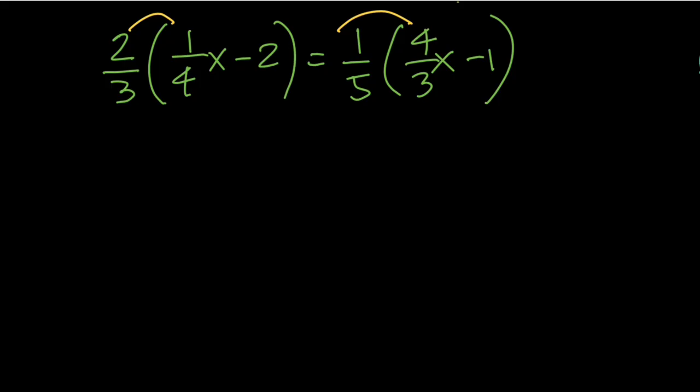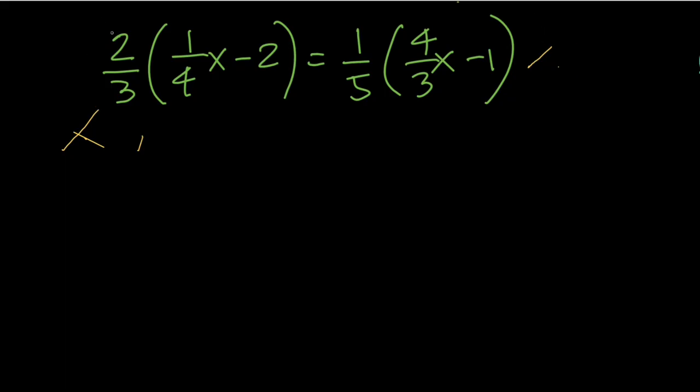Or we multiply both sides by 15, because 15 is the LCM of 3 and 5. If you multiply by 3 there, you need to multiply on the other side too, so it's better to multiply by 15.